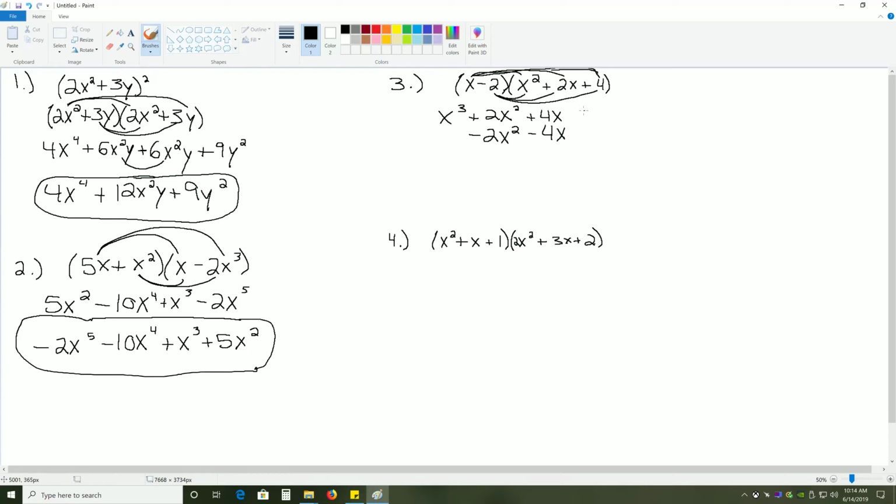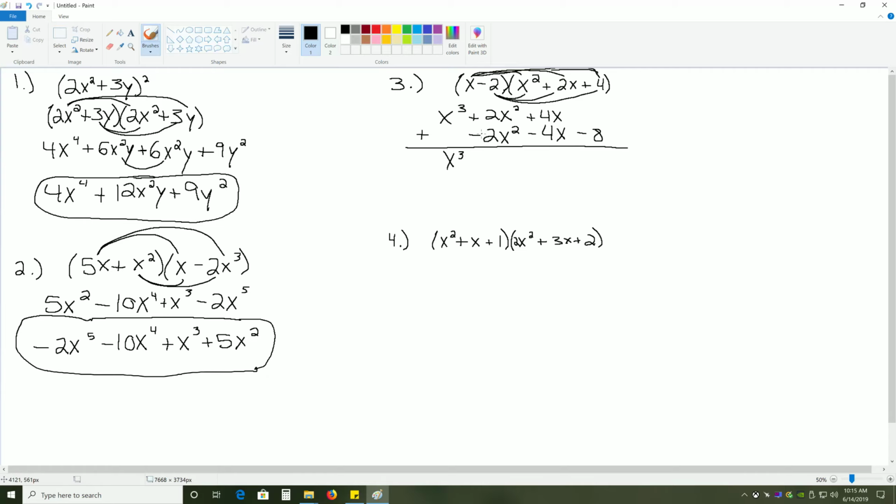We do not have a constant in our first set, so we're just going to write that negative 8 at the end, away from all the other terms. And now we're just going to add these two polynomials together. x cubed plus nothing is x cubed.